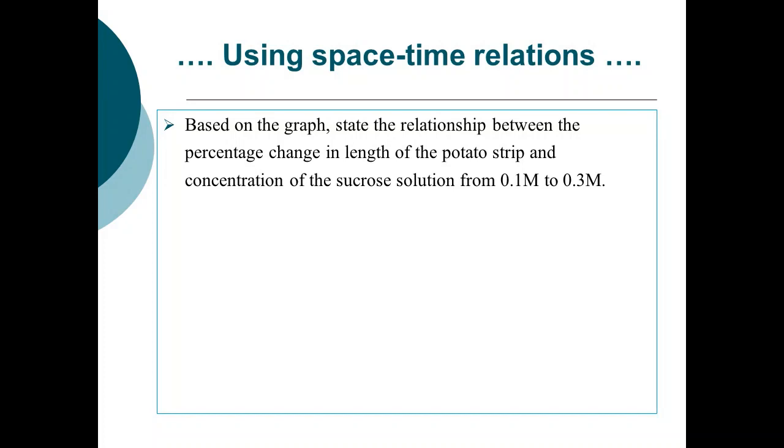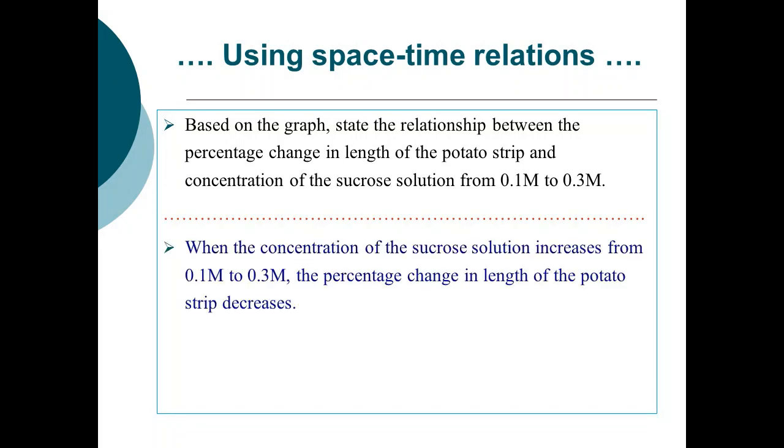Now we look at the suggested answer. When the concentration of the sucrose solution increases from 0.1 M to 0.3 M, the percentage change in length of the potato strip decreases. Always remember, we must write the MV, then followed by the RV.